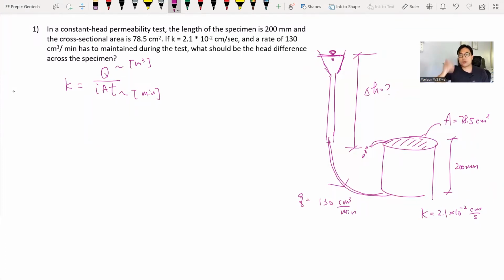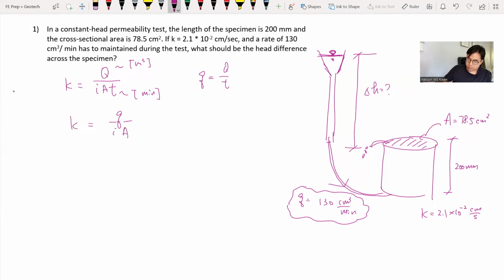So you have a volume divided by the time. In fact, this is the flow rate. So the flow rate that goes into the soil specimen is given.